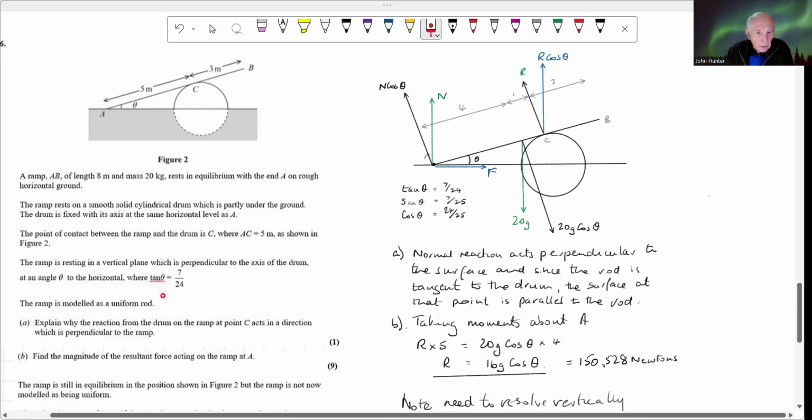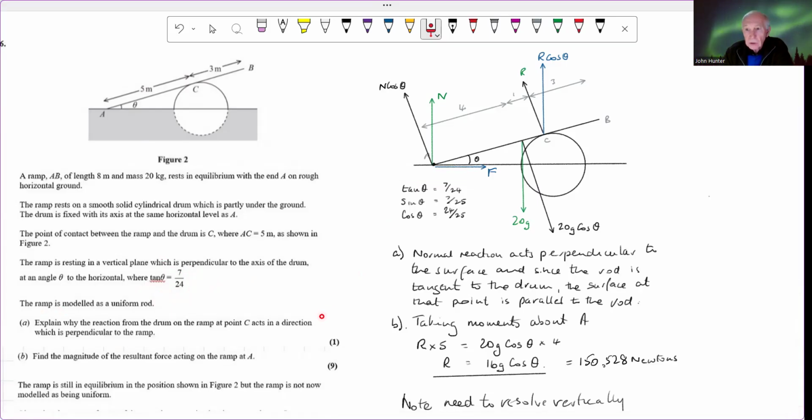From that we can calculate, 7, 24, 25 is a Pythagorean triple. So basically that gives us the other trig functions quite easily. The ramp is modeled as a uniform rod, which means that the mass is acting from the center.